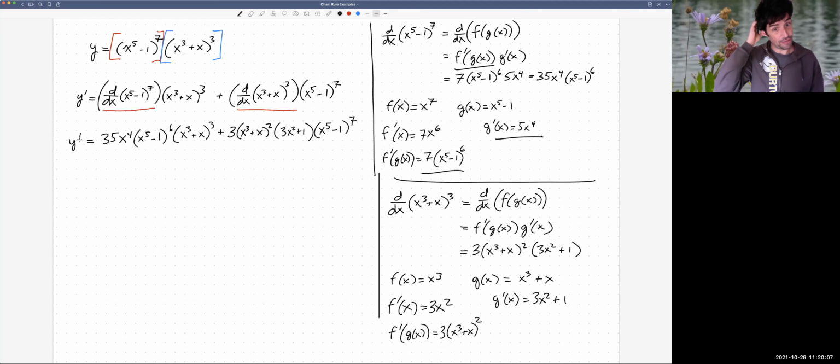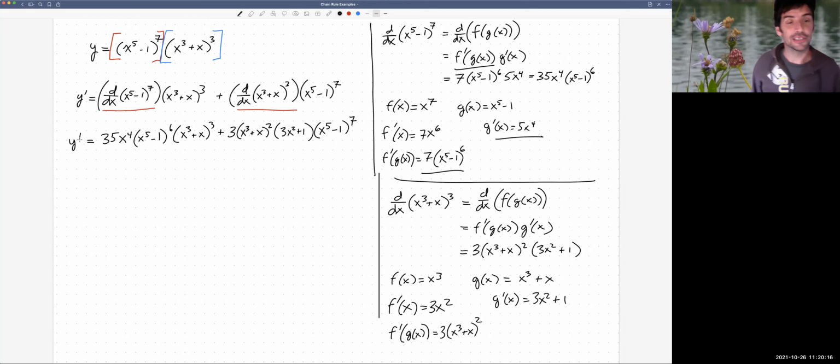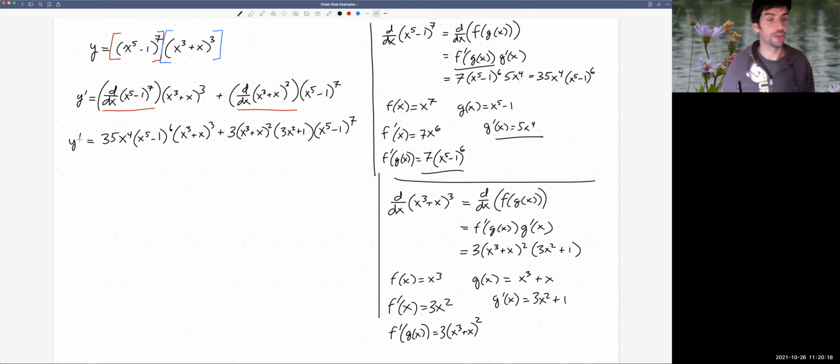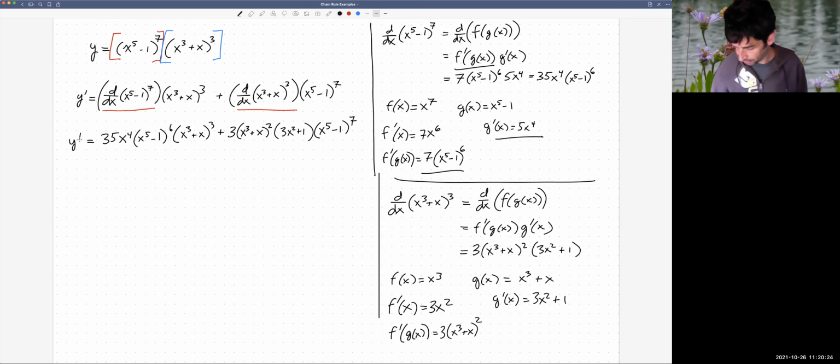This would get very, very awful. And this is a perfectly reasonable way to write this function. We can easily evaluate it. We can know lots of things about it looking at it. So I'm just going to leave it as is. Okay, that is it for this example. Sorry, it's not it for everything.